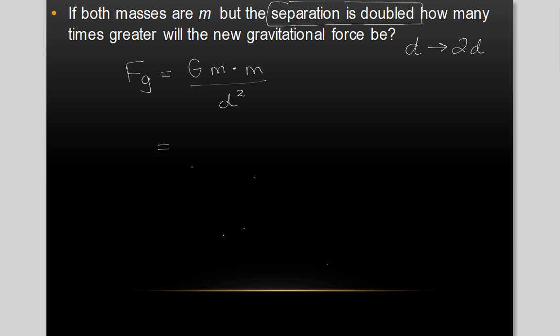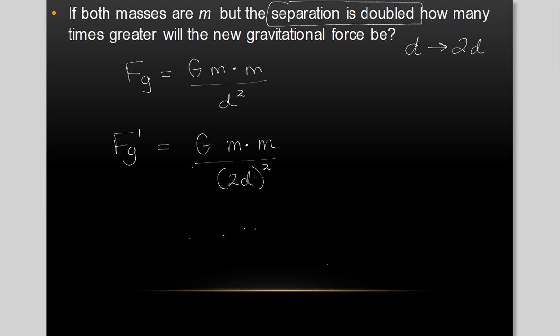So again, we're going to do Fg prime, with a little tick just to indicate that it's a new force. And we're going to go G m times m divided by, we've got to replace d with 2d, so we're going to go (2d) squared.